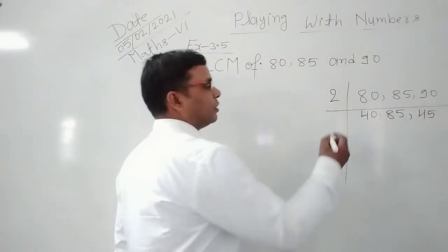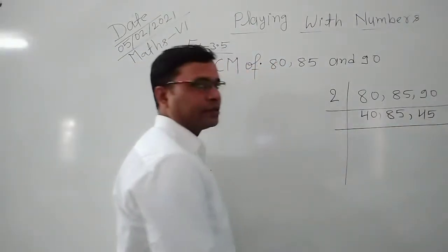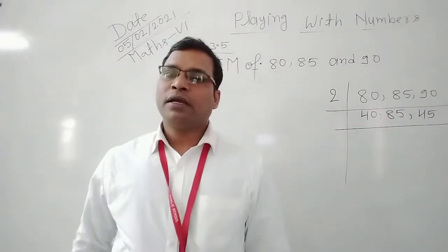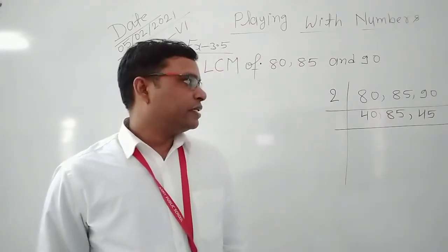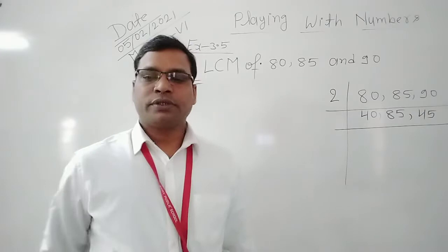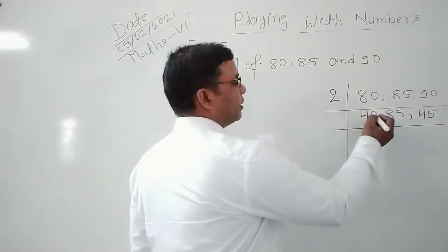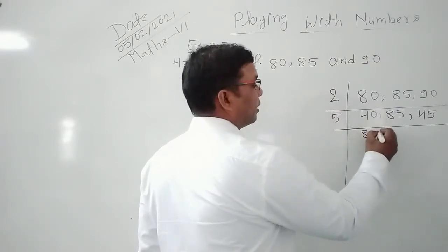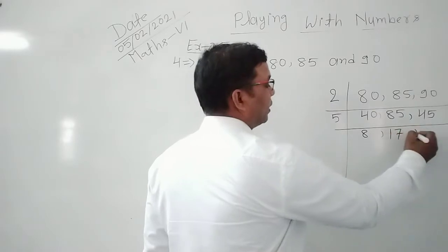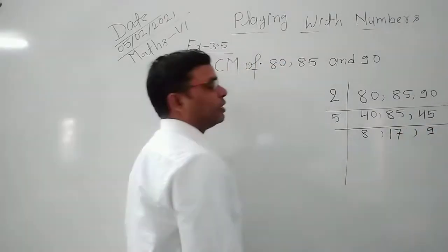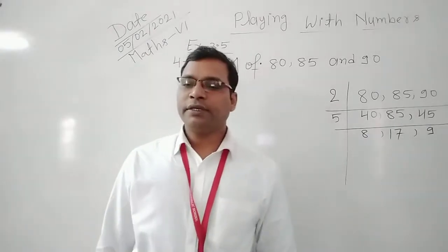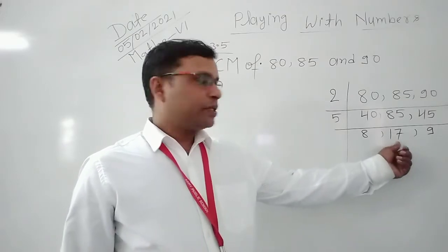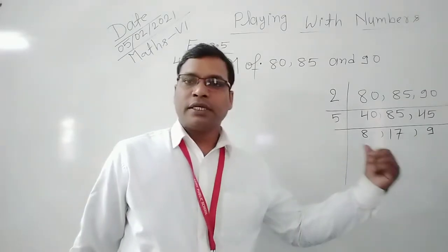Again we select which number? 5, the smallest prime number which divides at least two given numbers. If we divide by 5, we get 8, 17 and 9. Now there is nothing common between 9 and 8.